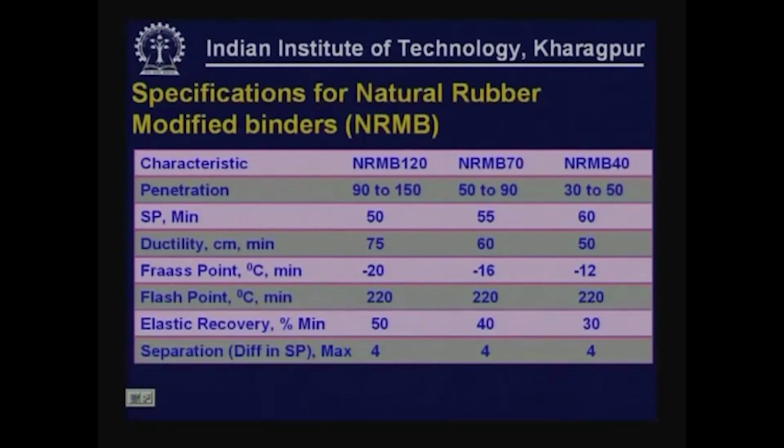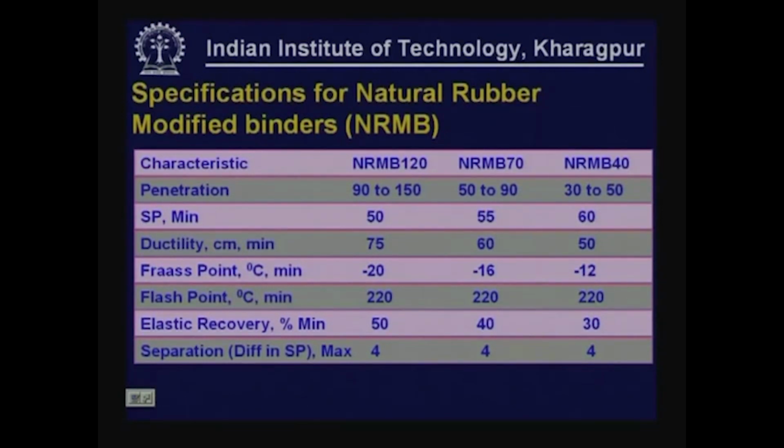These are the specifications for natural rubber modified binders, that is NRMB. We can see here NRMB is also specified in terms of 120, 70 and 40 grade. The corresponding penetration values, similar to what is given in the case of PMB, are there.